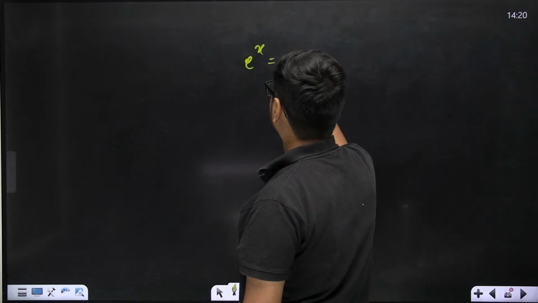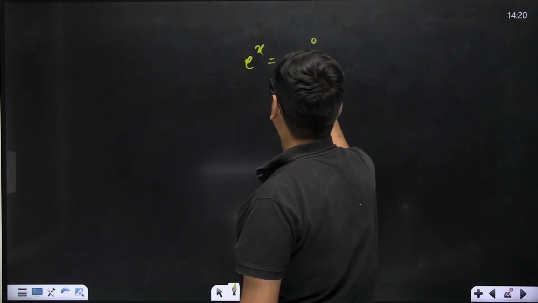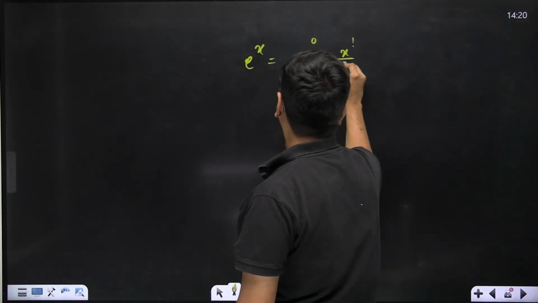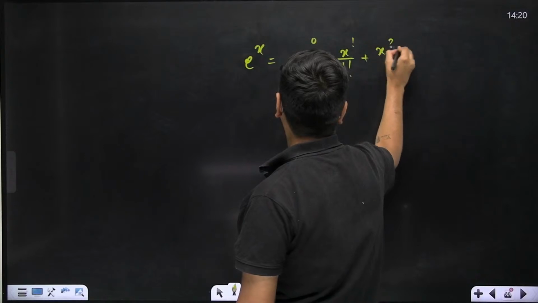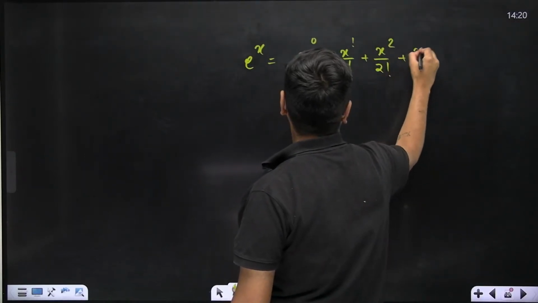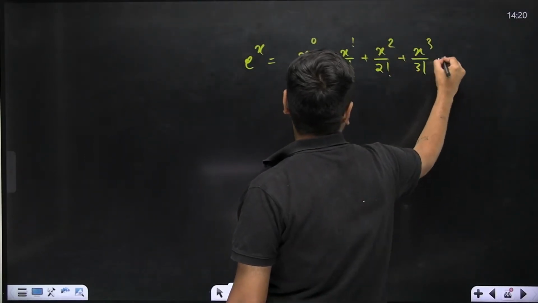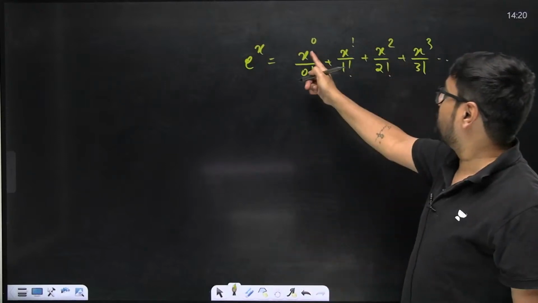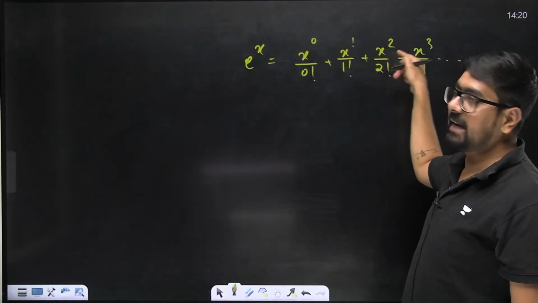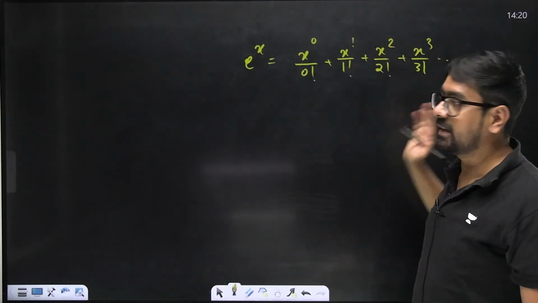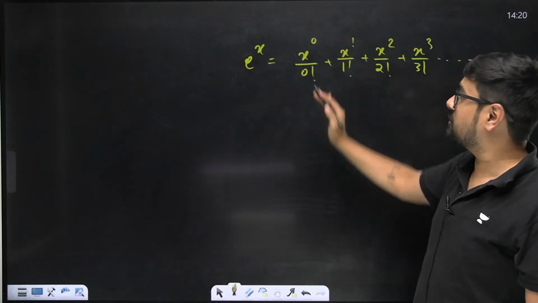Actually it is like this, easy to remember: x to the power 0 divided by 0 factorial plus x to the power 1 divided by 1 factorial plus x to the power 2 divided by 2 factorial plus x to the power 3 divided by 3 factorial. It's better to remember like this. This becomes 1 plus x square by 2 factorial. Generally in books it is written like this, but the actual expansion is this.